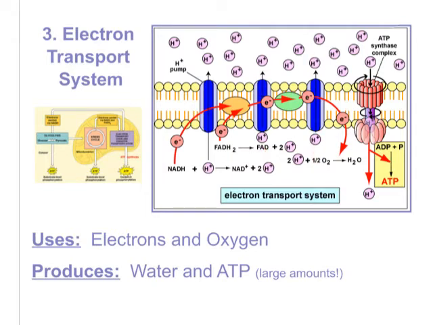Okay? Now remember, active transport is going to happen here. Remember when we talked about active transport, we're going to use energy in order to move substances from a low concentration gradient into a high concentration gradient. And that is exactly what these electrons are going to do.